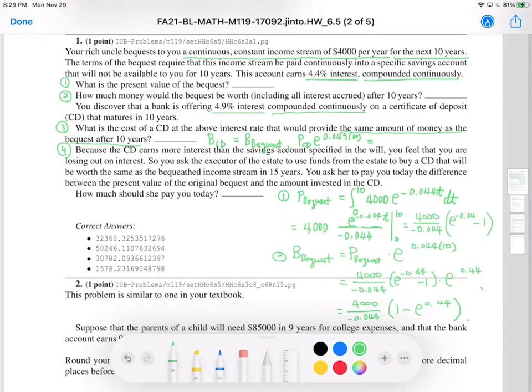So we use the result from part 2, which is 4,000 divided by negative 0.044 times 1 minus e to the 0.44. Okay, then solve for P_CD. That's number 3.